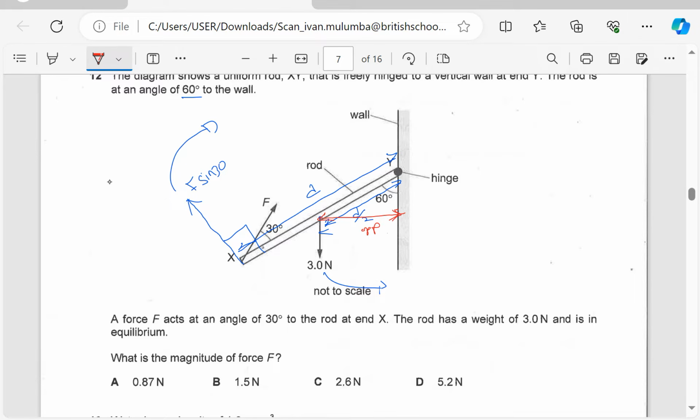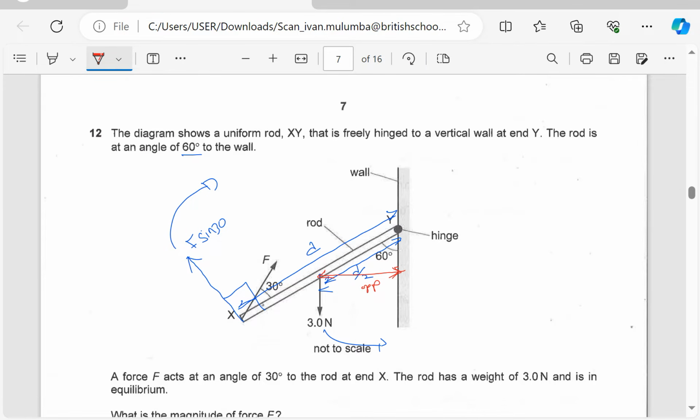We have the hypotenuse as d over 2. The angle there is 60. So opposite over hypotenuse, that is sine. The sine of 60 is the opposite divided by the hypotenuse, which is d over 2, which means the opposite, which I want as the perpendicular distance, is going to be d over 2 sine of 60.